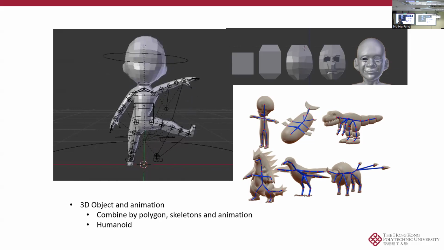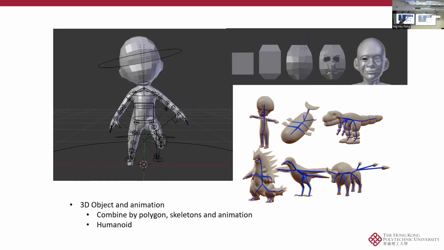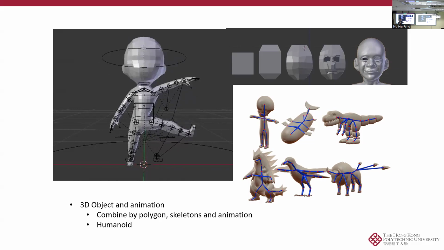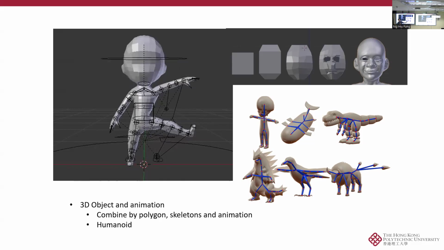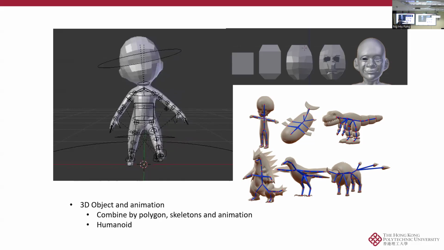Why do I need to generate the 3D model according to the muscle? For animation. It looks more realistic. So that is the 3D animation.